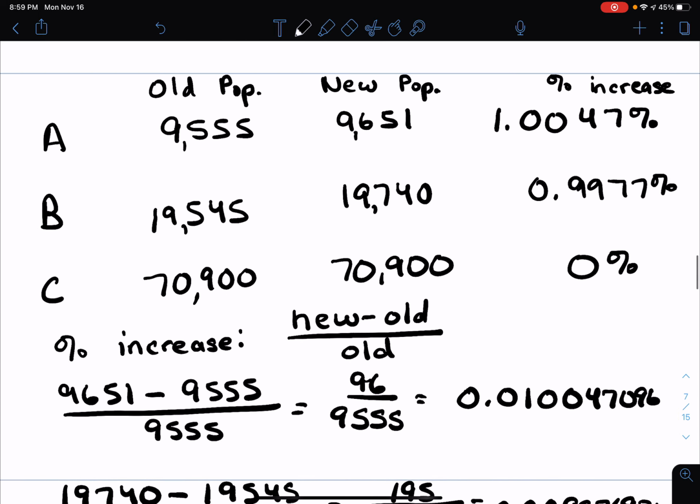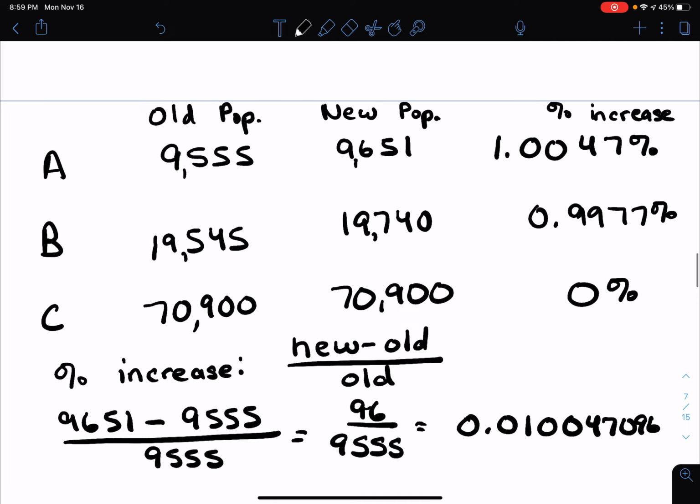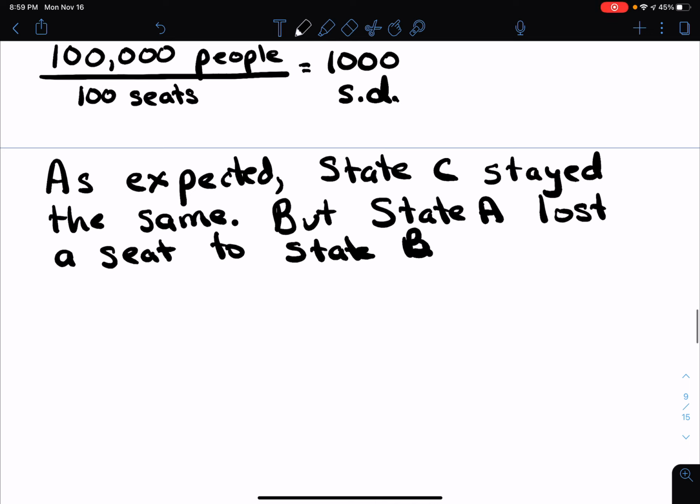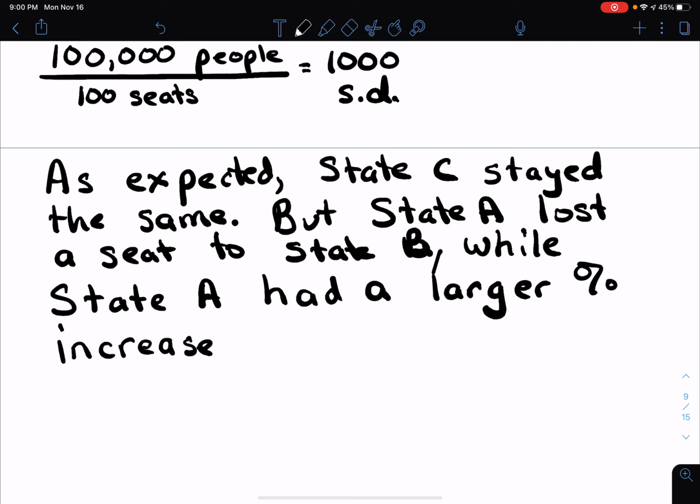But yeah, what was our growth and our percent increase? State A had a larger percent increase than state B. And that's where this seems unfair.